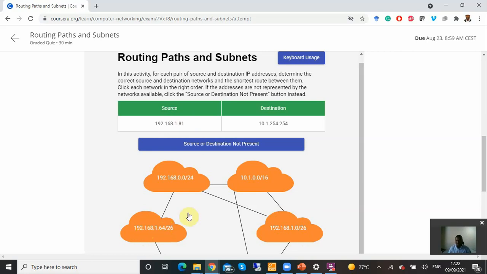They are close by. So which means you are starting from here. You have gotten that. Look at the destination. 10.1.254.254. 10.1 shows the very first host ID of 1 corresponds to this 1.